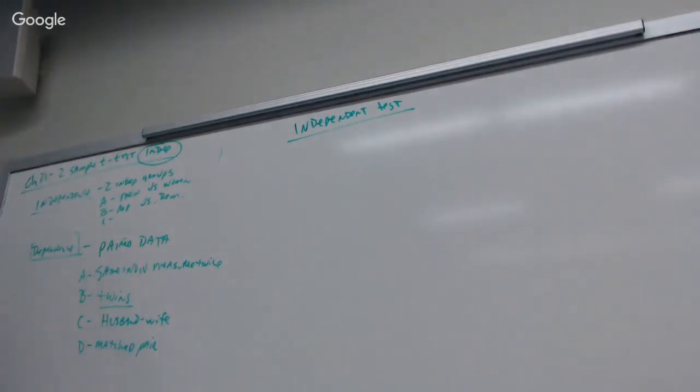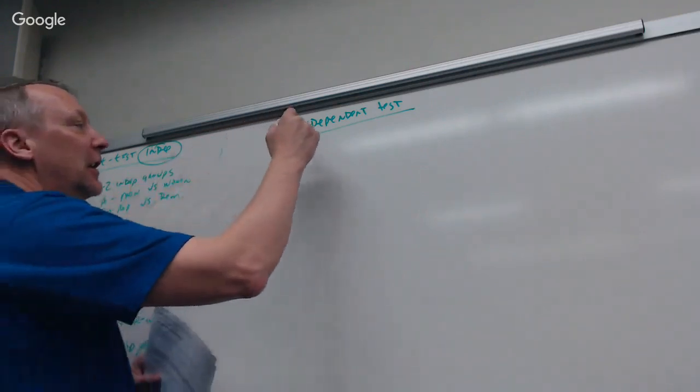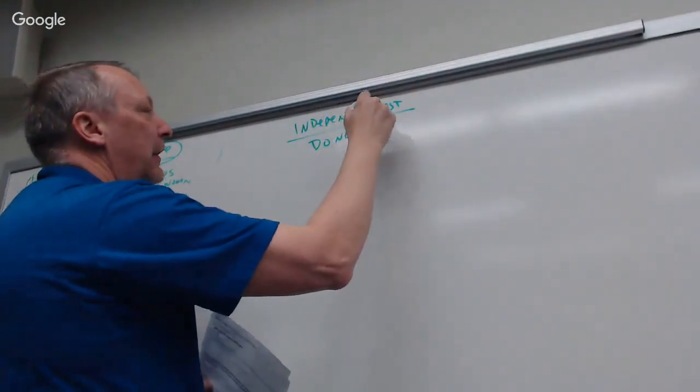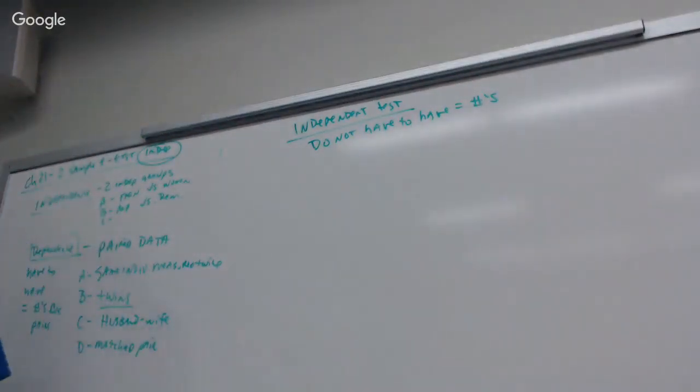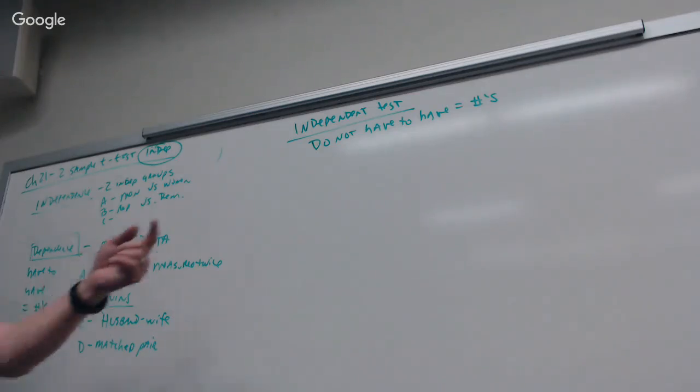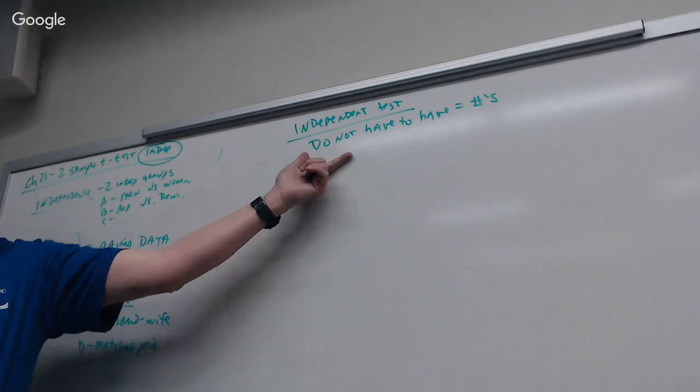Okay? And let me just mention this on the dependent test. You have to have equal numbers for the pairs. The independent, you do not have to have equal numbers. So that's another reason why the Oreos and the double stuff and the regular Oreos, they don't have the same number of cookies, right?